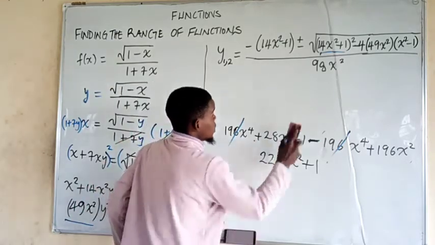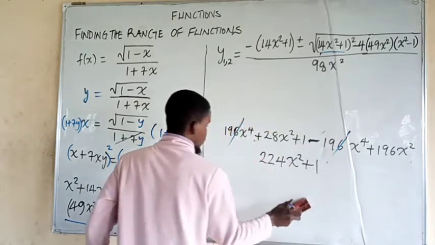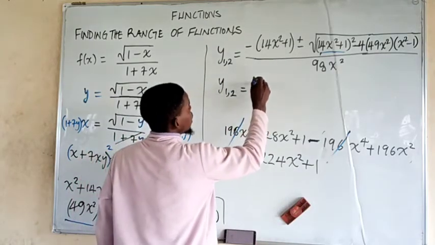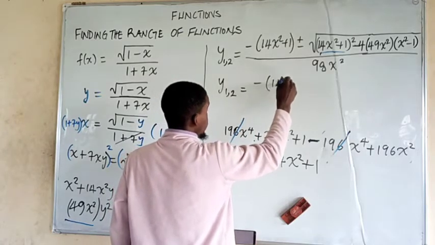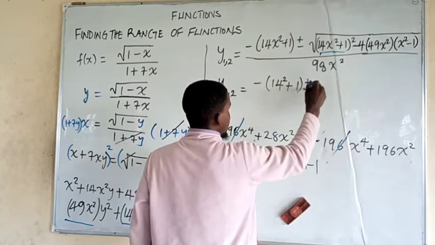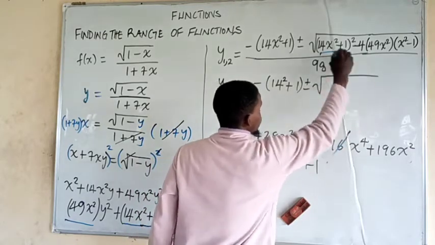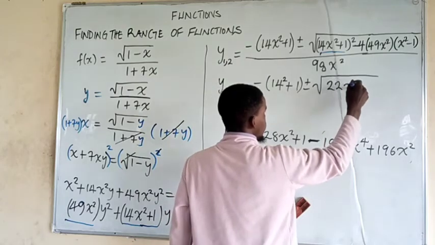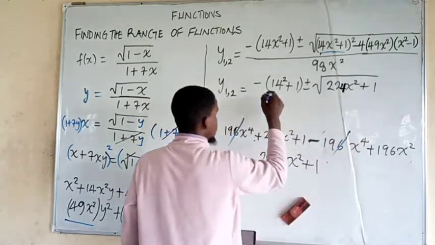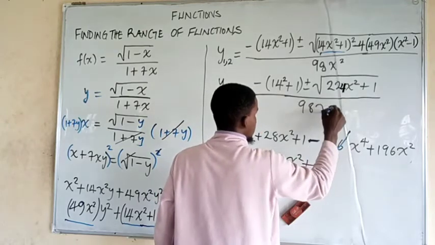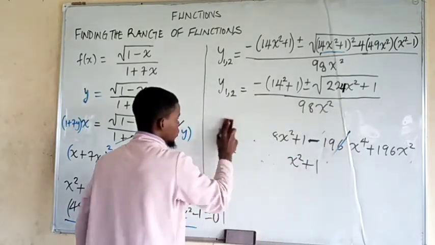Okay, great. So let me just write it down again. y1,2 is negative b, that is that, plus or minus the square root of. So the whole of that will be replaced with 224x squared plus 1, because that's what we get when we simplify that radicand, over 98x to the 2nd power. Good.